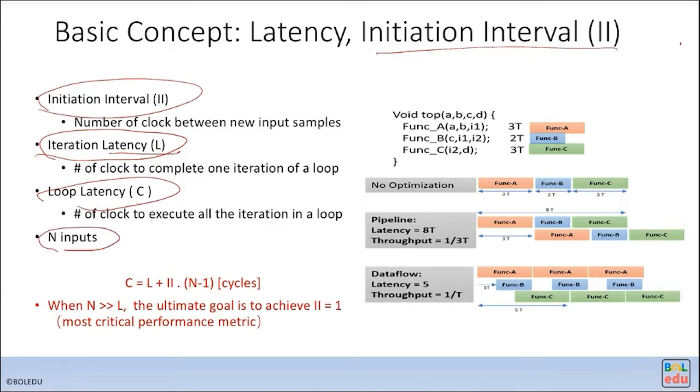If you process n inputs, then you can get the loop latency with this equation: the iteration latency, the II, and n inputs. So in this equation, if n, the input data, is much larger than the latency, you can ignore this term, the latency.